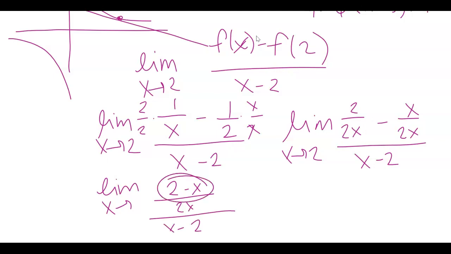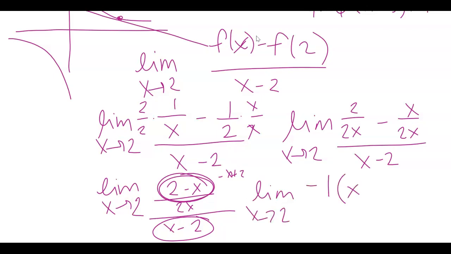And then notice here in the numerator, it looks very similar to our piece down here, but it's in reverse order. So if I rewrite this as negative x plus 2 and then factor out a negative 1, oh, I forgot a 2 over here. Here we go, okay. If I factor out a negative 1, I'd be left with x minus 2 all over 2x.